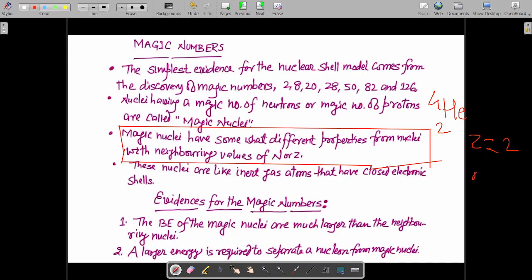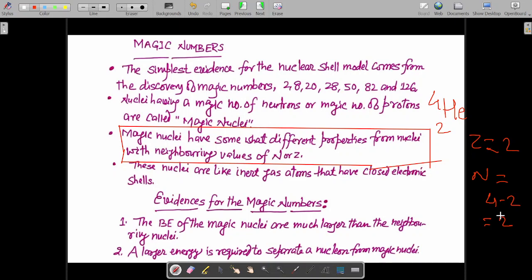And what is the number of neutrons? Number of neutrons is equal to 4 minus 2, that is again equal to 2. So it is a magic number in both cases. With the help of number of protons it is magic nuclei, and with the help of number of neutrons also it is a magic nuclei. So it is a highly stable nucleus.